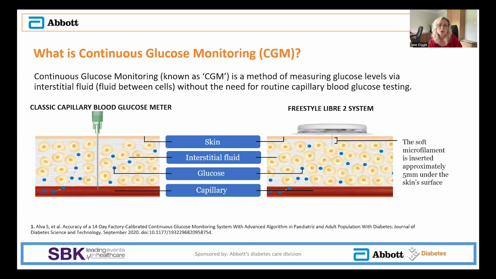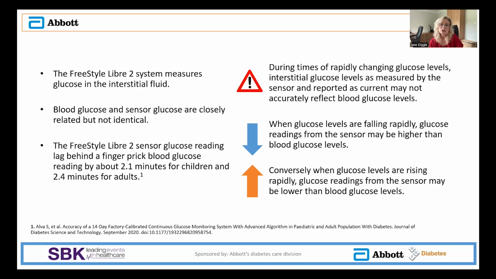So it's important, as you can see on this slide, to note that the filament is not positioned within the blood. So it's not detecting blood glucose, but interstitial glucose. Compared obviously to the finger prick test, which you can see on the left of the screen, which is measuring the glucose within the capillary, so obviously blood glucose. If we move on to the next slide, the two measures, blood glucose and interstitial glucose, are closely related, but they are not identical.